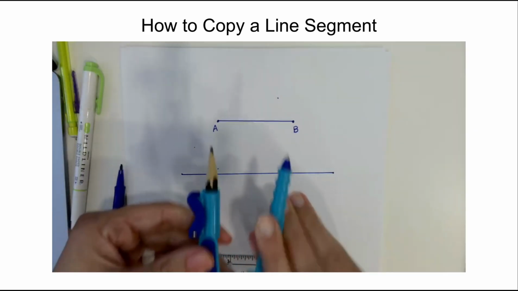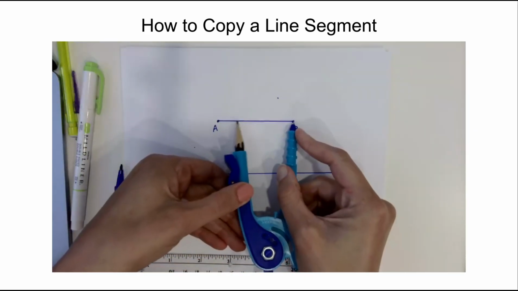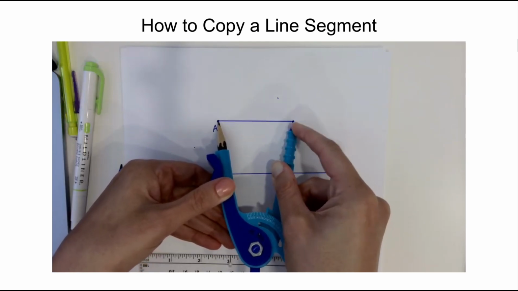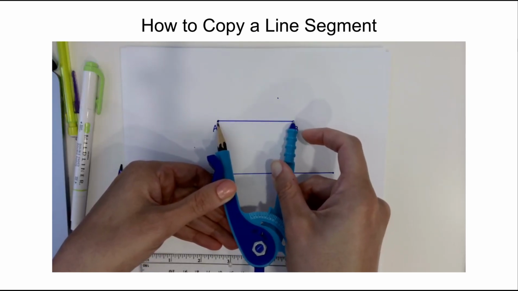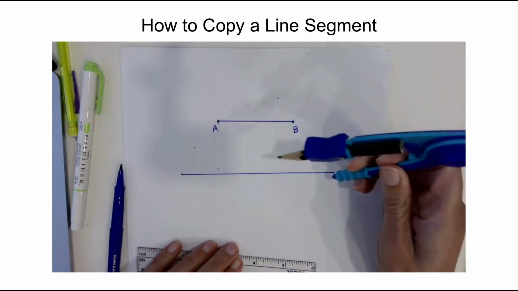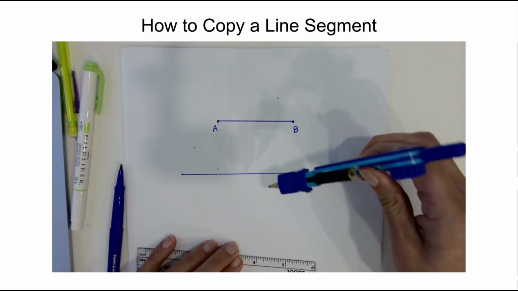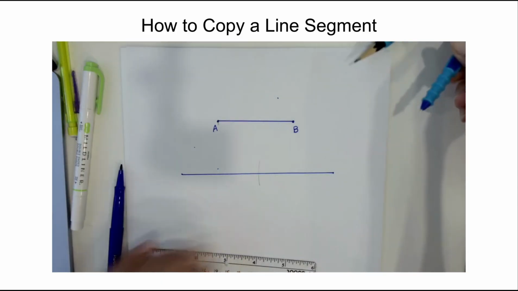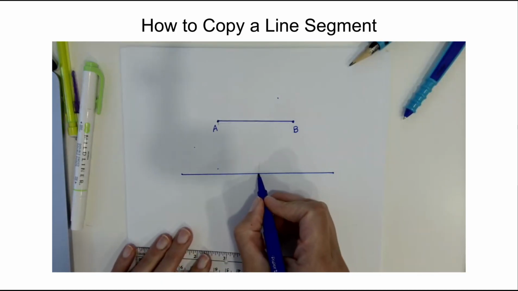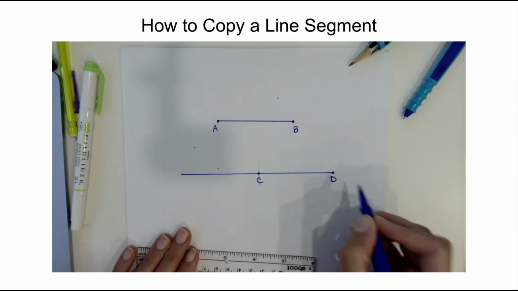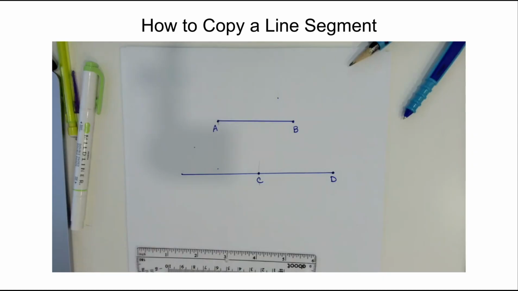You take your compass and you are going to measure it by lining up your pencil and the sharp part of your compass. And then you're going to place that on your line and give it an arc. And therefore you know that from this point to here, you have a line segment that is copied exactly.